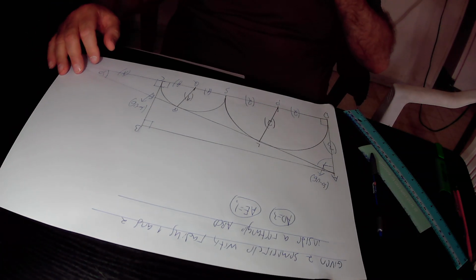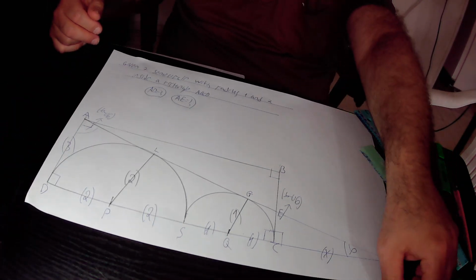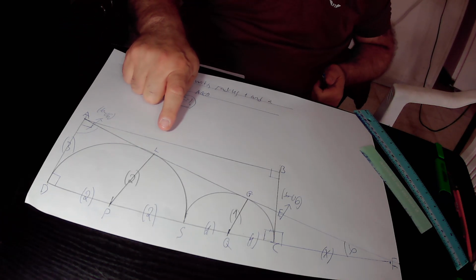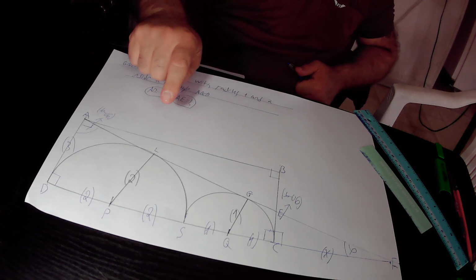Why? Because in our drawing, the radius PL is drawn to point L, that is the point of tangency of tangent AE with this big semicircle.